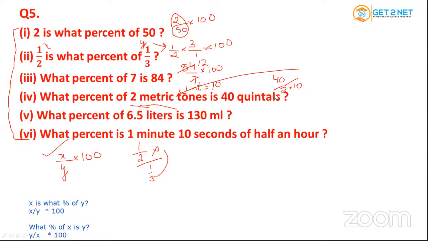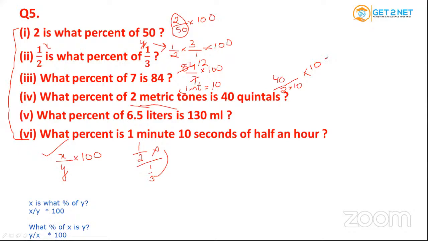So 2 metric tons will be how many quintals? 20. So now the question will be, what percent of 20 quintals is 40 quintals? So what will you do? 40 by 20 into 100. I'm doing the same thing only.